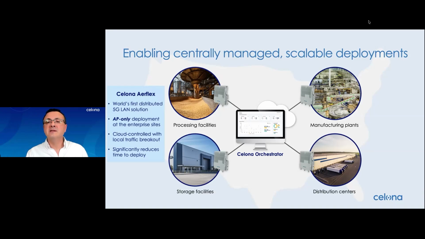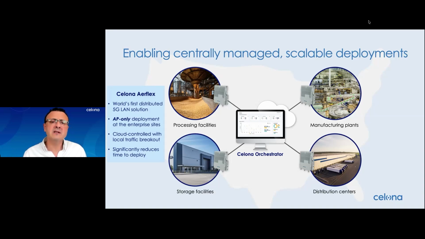So this means in practice that a small or remote site can be extremely simple to deploy. For these sites, you only need to install maybe 1 or 2 radios, nothing else, no other appliance. And those radios, APs, can connect directly to the existing switch or router and you will be done. So you don't need to deploy a full on-site core or dedicated edge infrastructure for any of those locations.